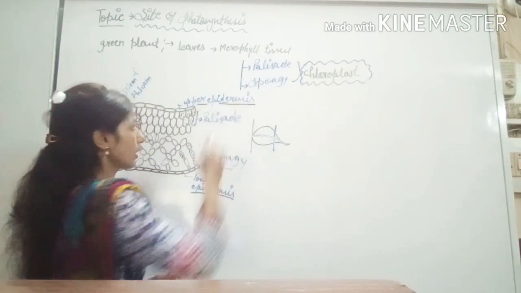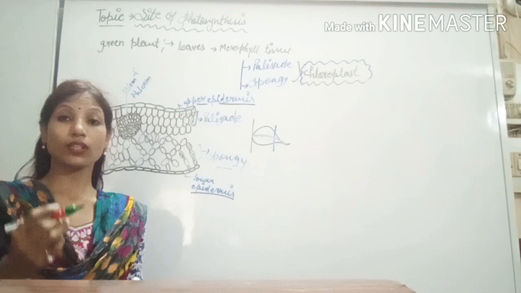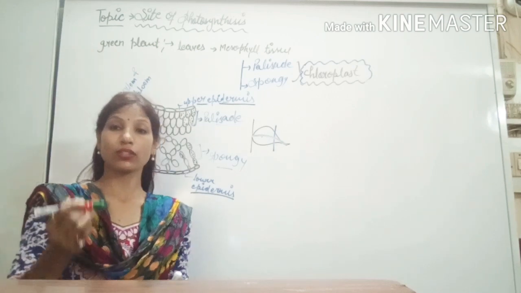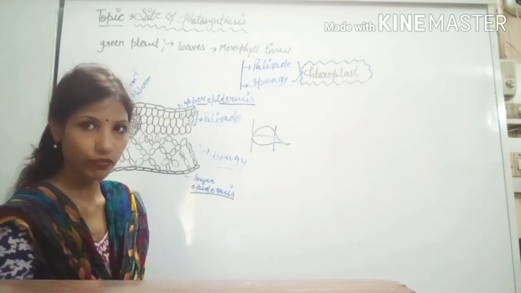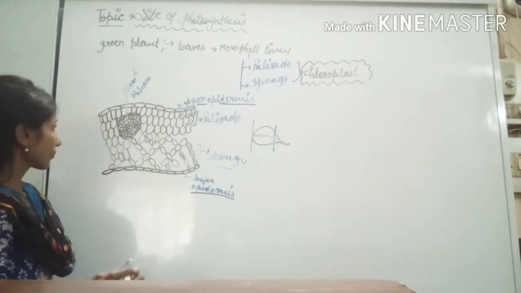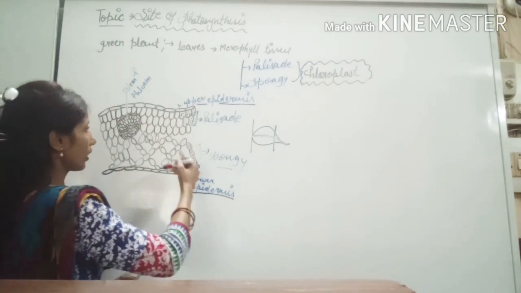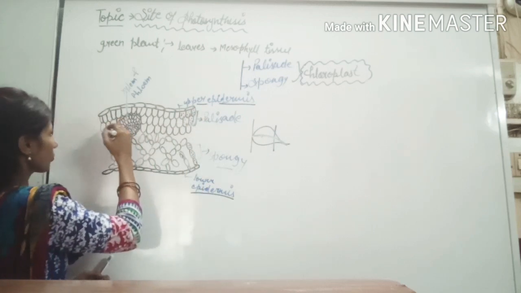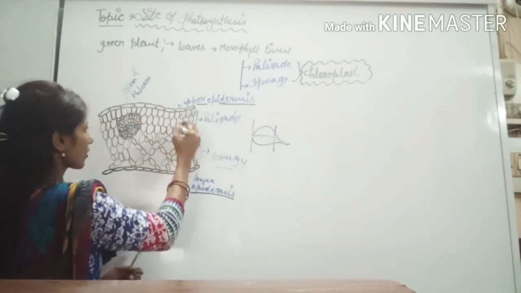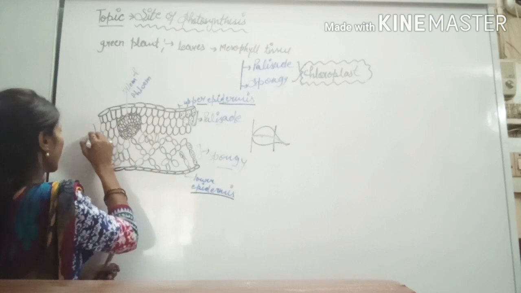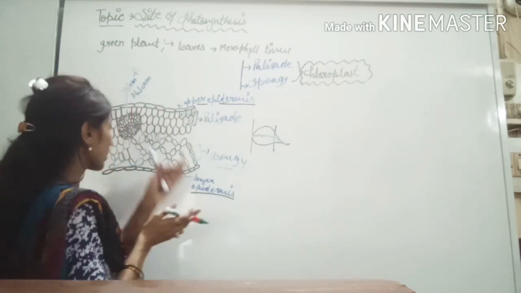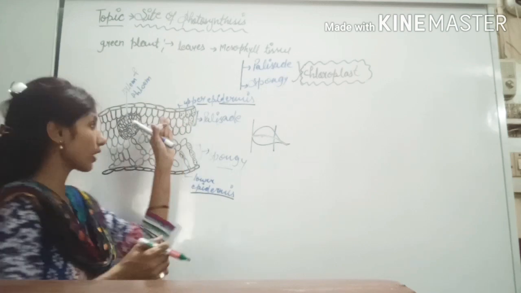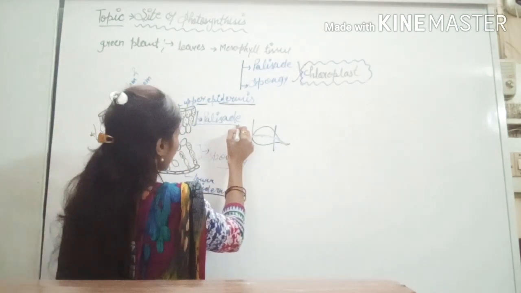Clear? In the epidermis we all know that the stomata are present, which are involved in the exchange of gases, or we can say the respiration of plants. Now come inside the leaf. The cells are very tightly and compactly arranged, with no intercellular spaces between them, and these are known as the palisade cells, right?